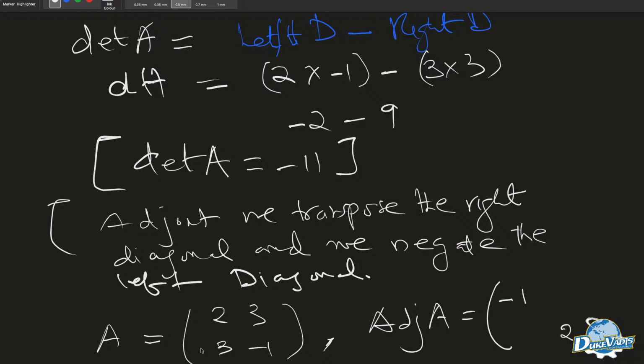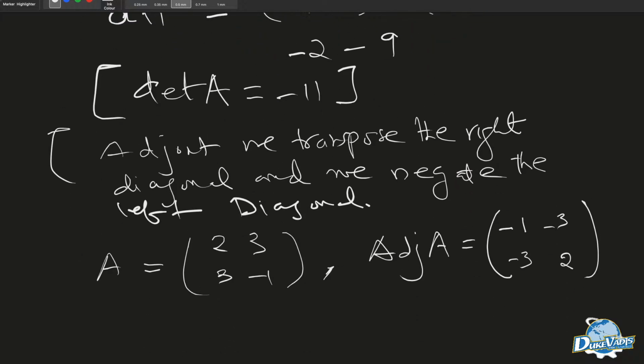Then we negate the left diagonal, so this will be -3, -3. So that will be the adjoint.